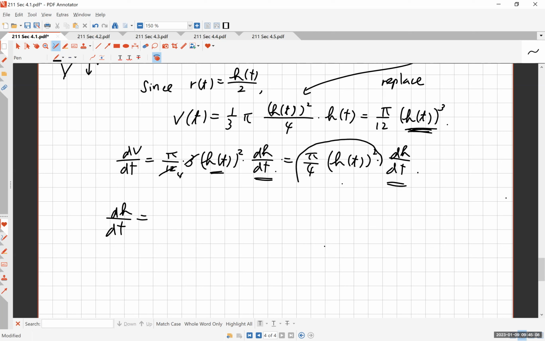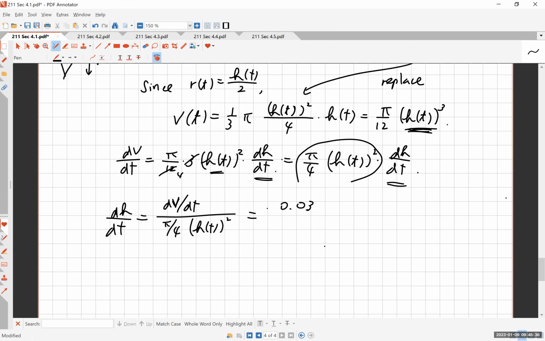Okay, so I'm going to divide both sides by that. All right, so dV dt is on one side, and then you have pi over 4 times h squared on the other side. Now we know dV dt to be what? 0.03. All right, now let's be careful here. Because we know positive and negative numbers, the volume is actually not increasing, right? If I put 0.03, that would indicate that the volume is increasing.